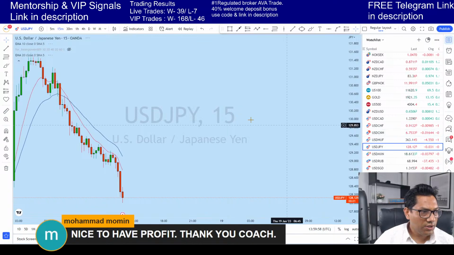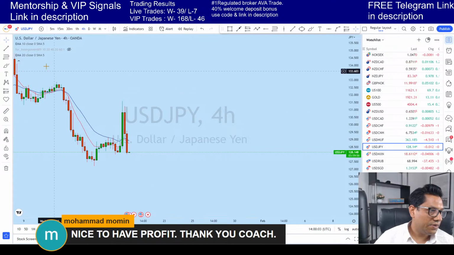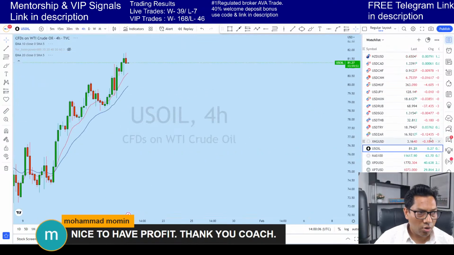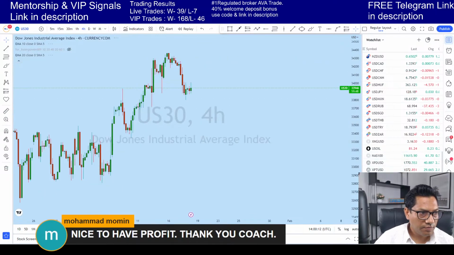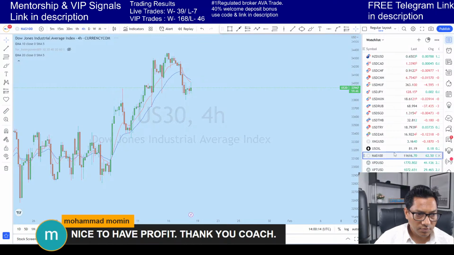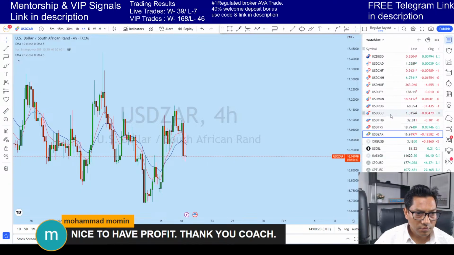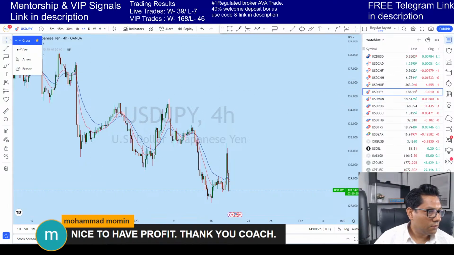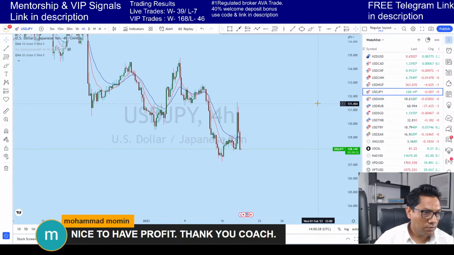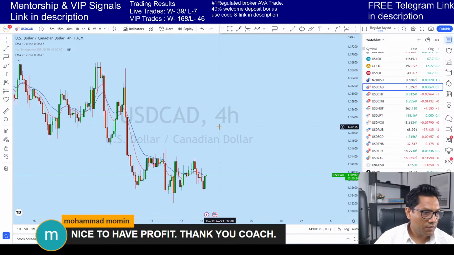Okay guys, so let's look at dollar yen. Now looking at dollar yen, you see a candle close, guys. Let's look at all of them to see how the candle closed. Just looking at all of them.